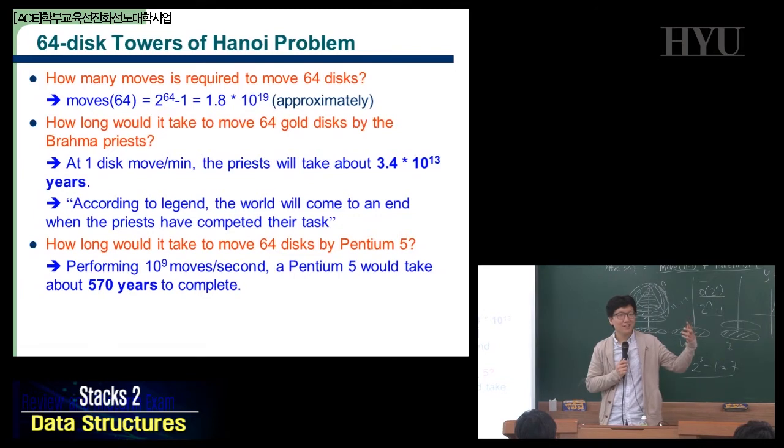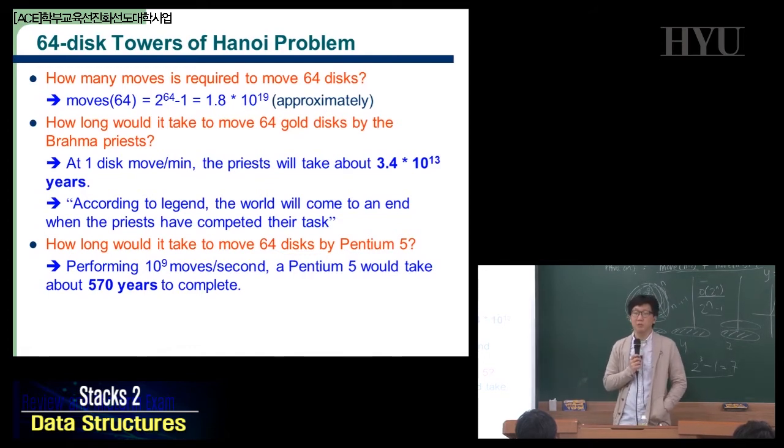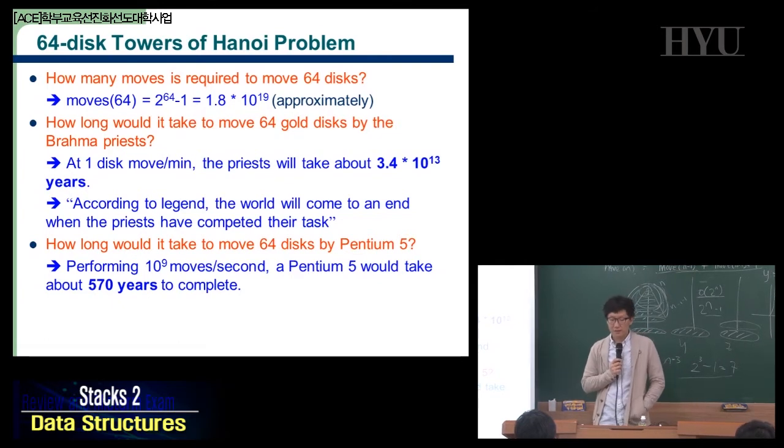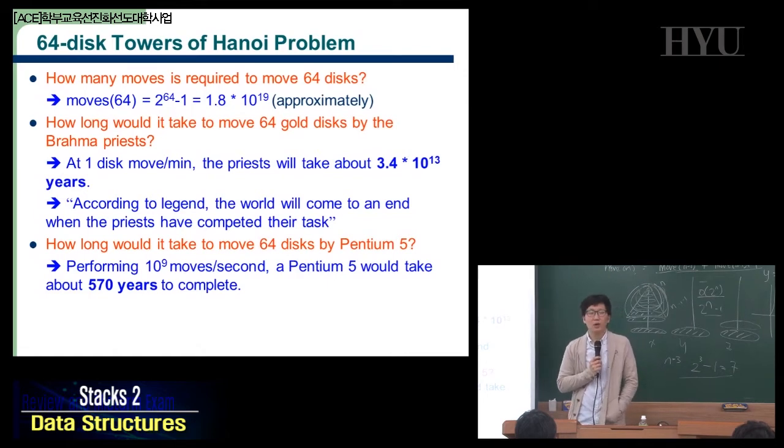The monks moving them is in the Towers of Hanoi problem book. But for us, how long does it take? Assuming 1 move per minute, these people would take about 3 to 4 times 10 to the 13 years. I don't even know how many years that is. How much is that?